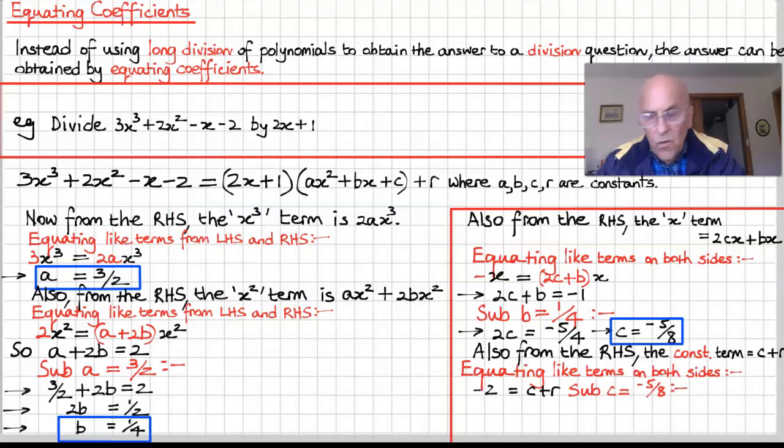And therefore, we substitute c equals minus 5/8 into this equating of our like terms. We put that in there, and Bob's your uncle. Look at that. r comes out to be minus 11 over 8. And therefore, we've worked out what all of those constants were, a, b, c, and r. Okay?